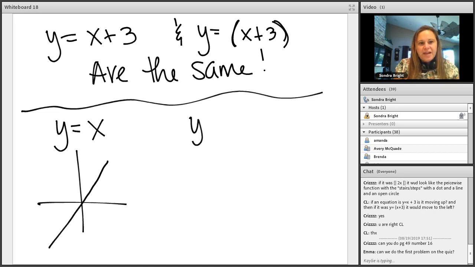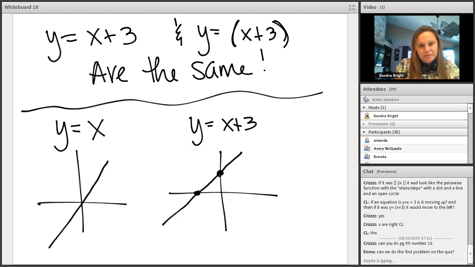And so if I do y equals x plus 3, it actually goes to the point 0, 3. It also goes to the point negative 3, 0. And so you could think of it as taking this straight diagonal line and shifting it left 3 units, or shifting it up 3 units.